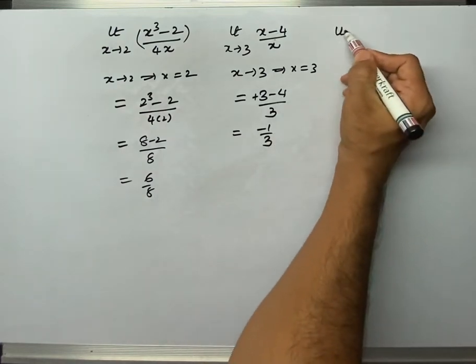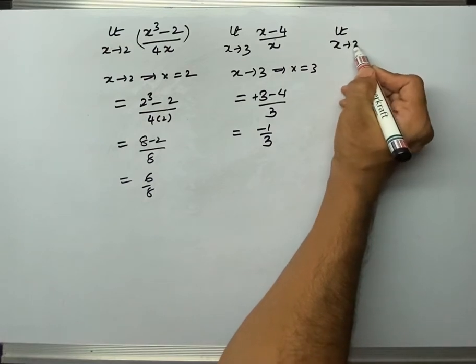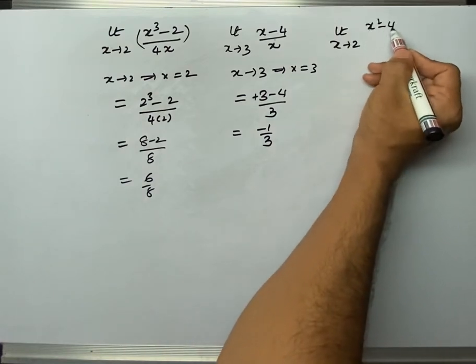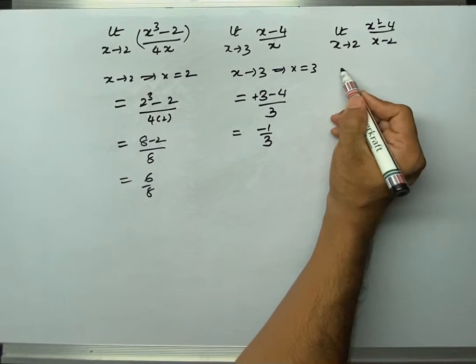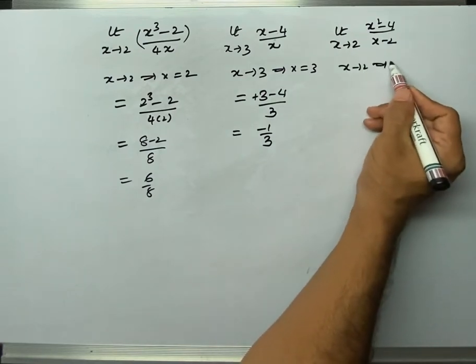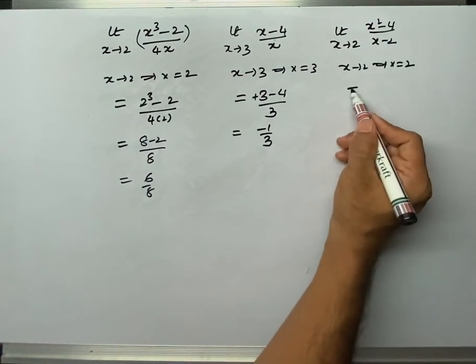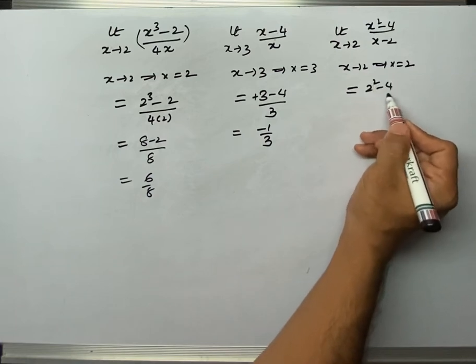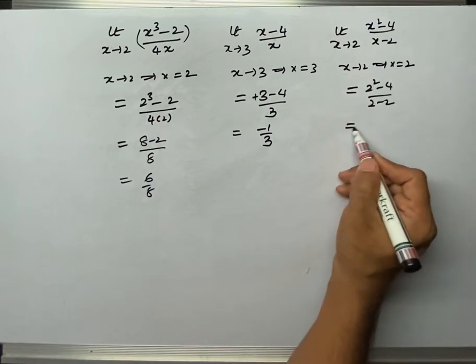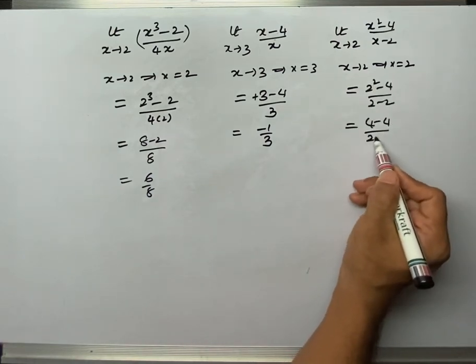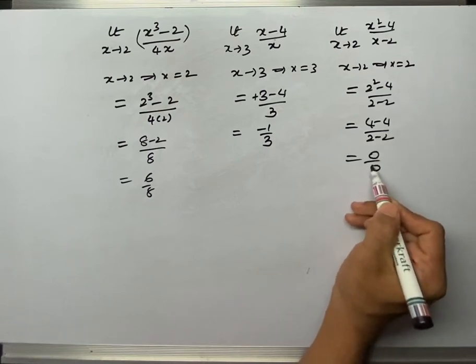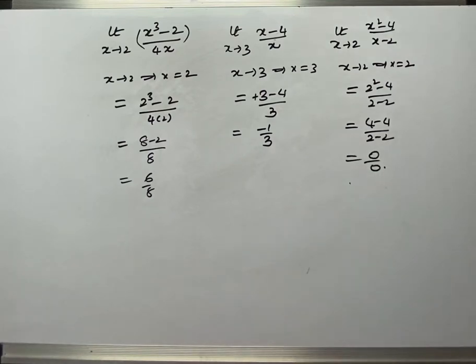Same case, suppose X tends to 2, X square minus 4 by X minus 2. X tends to 2 implies X is equal to 2. 2 square minus 4 by 2 minus 2, which is 4 minus 4 by 2 minus 2, a 0 by 0 form. 0 by 0 is an indeterminate form.